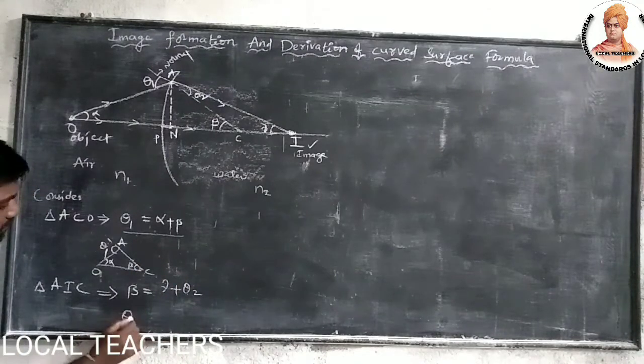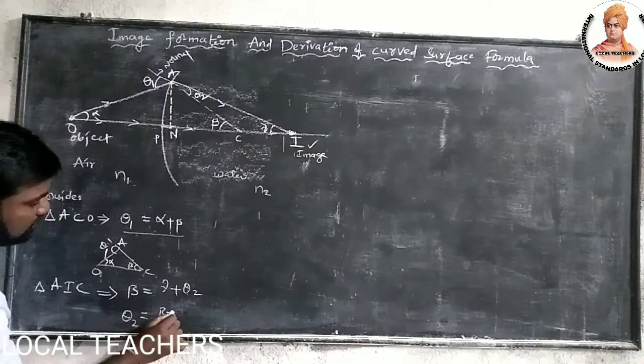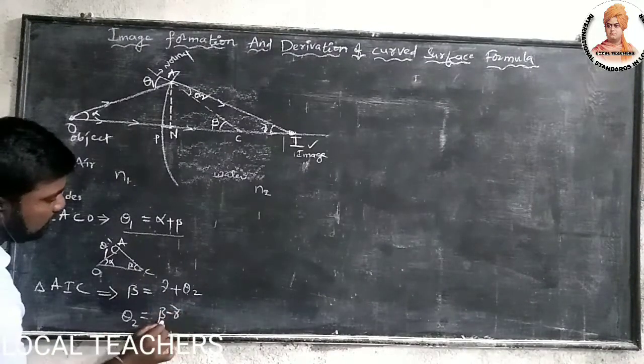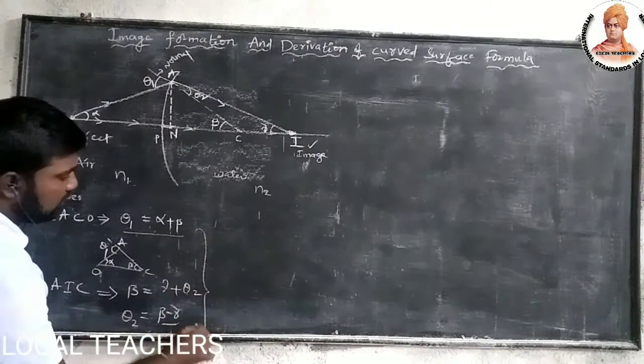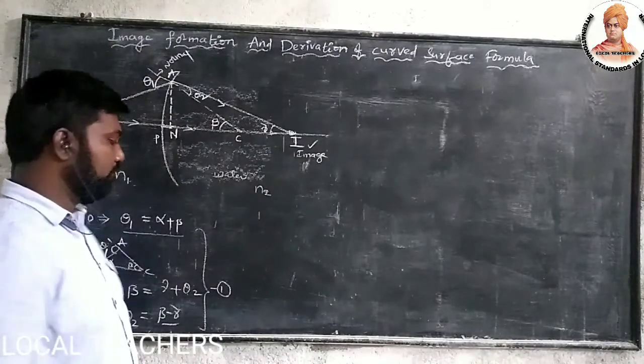This can be written as theta 2 equals beta minus gamma. Consider this as equation 1.